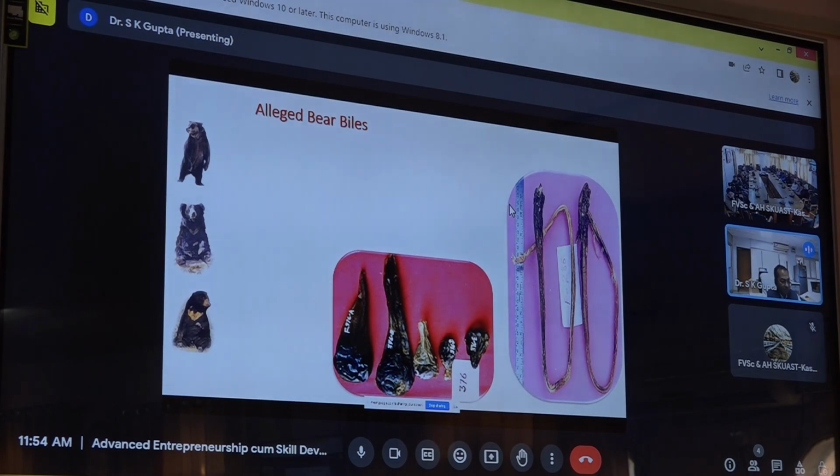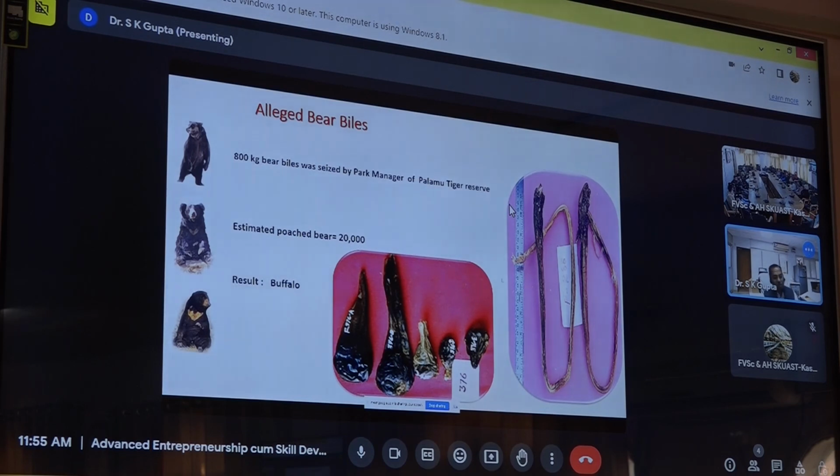And here this bear bile was very different from the actual one, which was alleged from the Palamu Tiger Reserve, that they had recovered 800 kg of bear bile, and one bear bile weighs about 30-40 grams. So for 800 kg, about 20,000 bears could have been killed. But when we did the DNA test, it was not a bear but a buffalo.